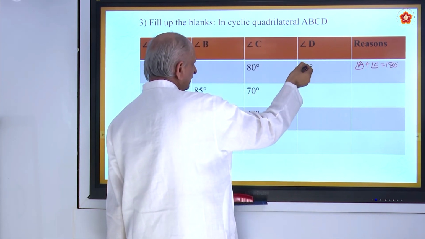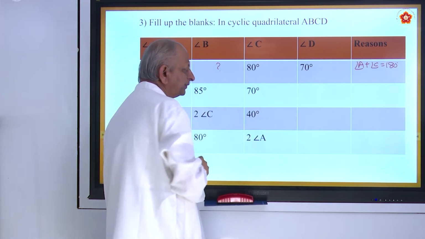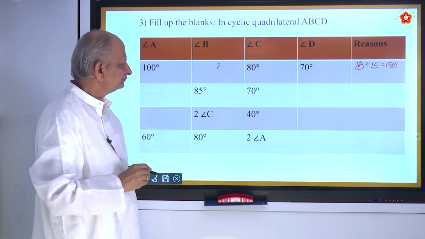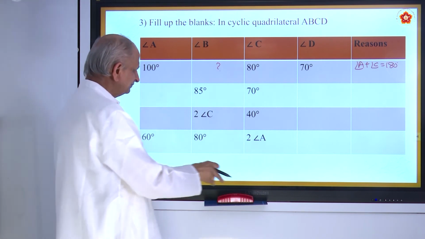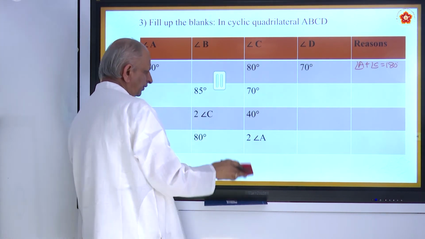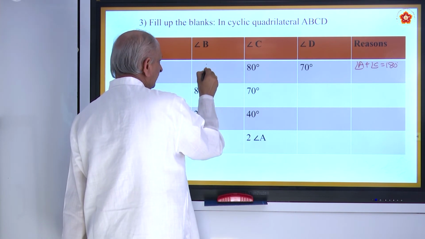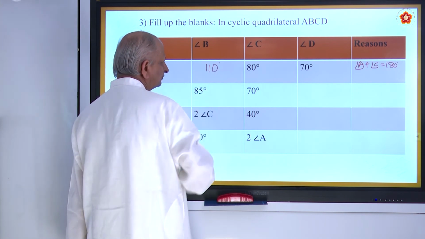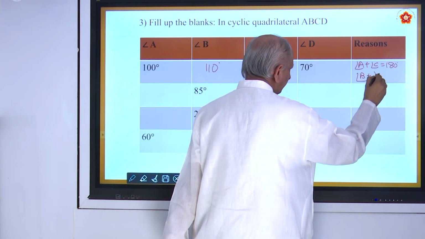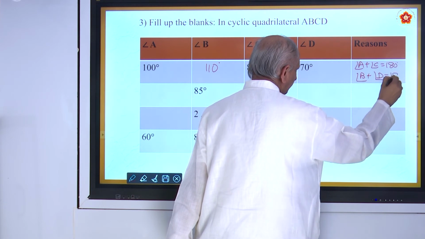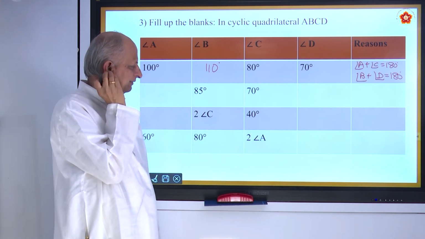Now if D is 70, what is B they are asking? How to find out B? B is 180 minus angle D. 180 minus angle D, how much? It will be 110. So the reason is angle B plus angle D is equal to 180 degrees. The opposite angles of a cyclic quadrilateral.